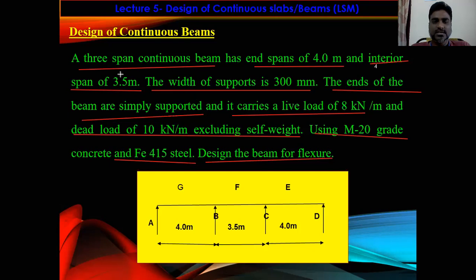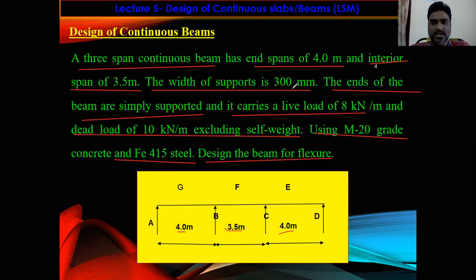Based on the given data, I have drawn a diagram here. These are the three spans. The continuous beam has end spans of 4 meters, that means these two are end spans, and an interior span of 3.5 meters, right? So this is the interior span. This is 4 meters, this is 4 meters, and this one is 3.5.